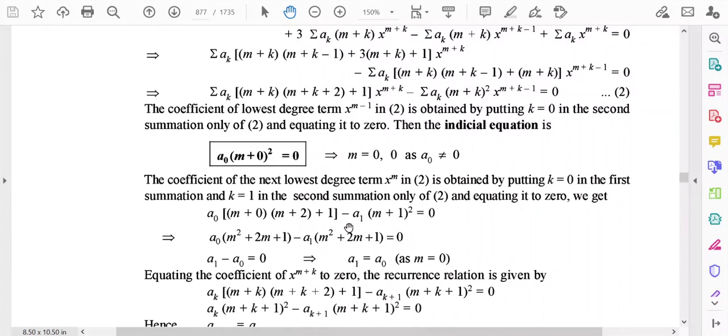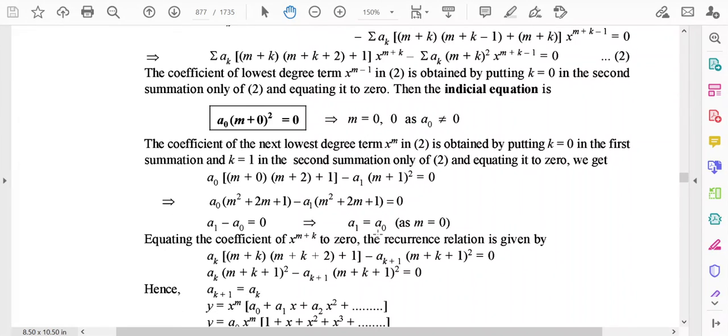And from this equation we can have a relation between a1 and a0. So we can see easily that a1 is equal to a0, because m is equal to 0, as we have obtained earlier.